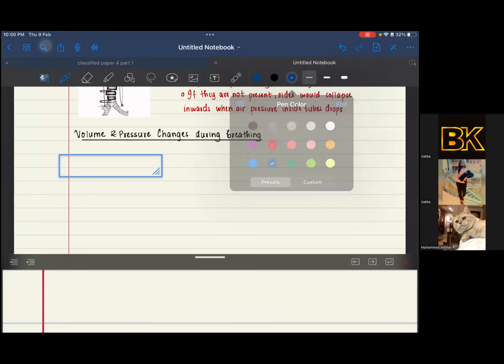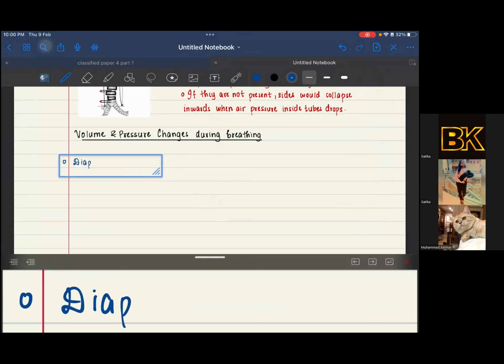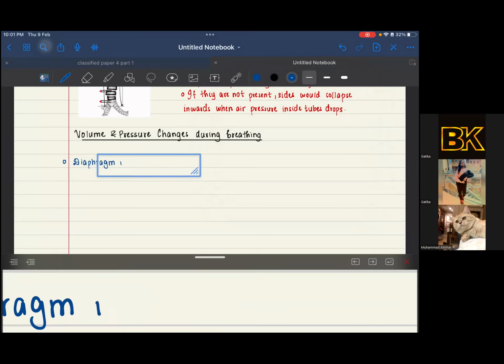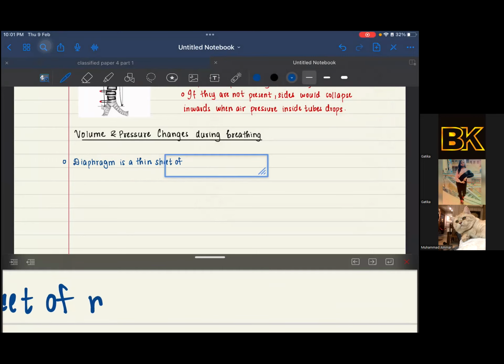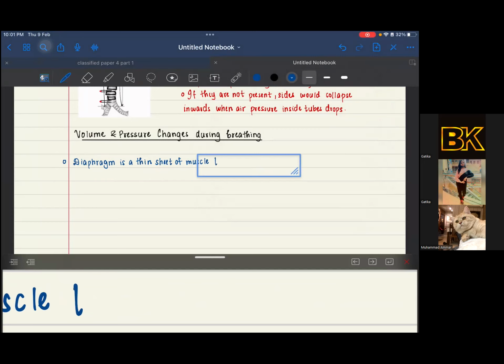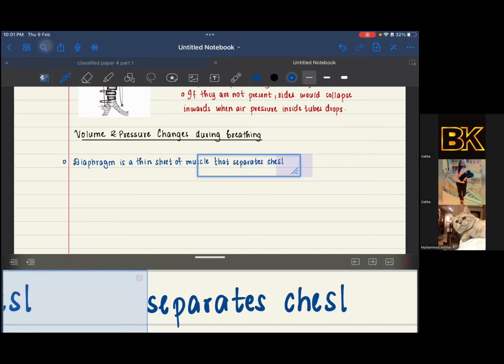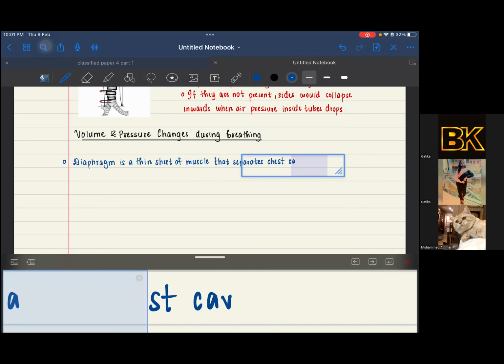First things first, diaphragm is a thin sheet of muscle that separates the chest cavity, or you could say thorax.